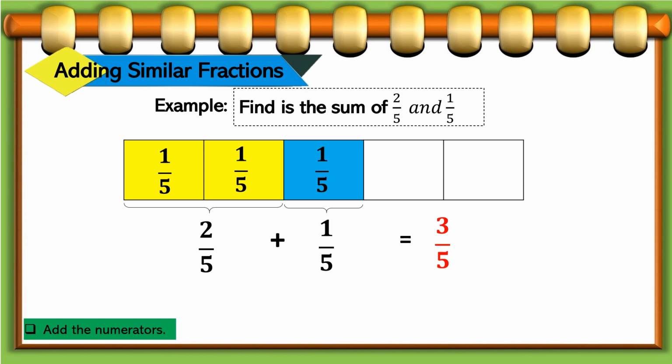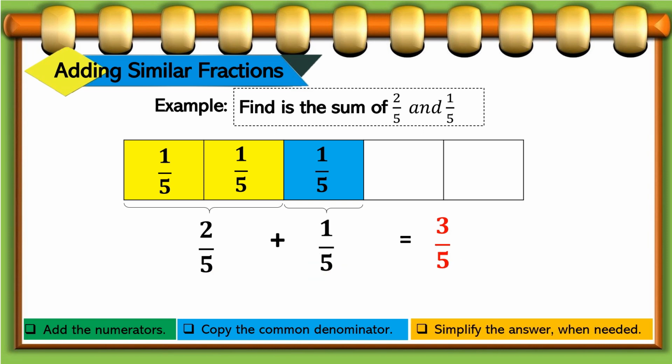Now, we're going to add the numerators. 2 plus 1 is equal to 3. Then, copy the common denominator, which is 5. After that, simplify the answer when needed. 3/5 is in lowest term because they are relatively prime.